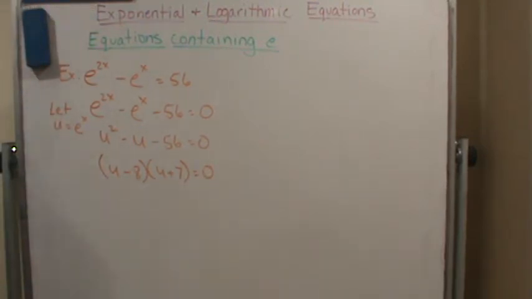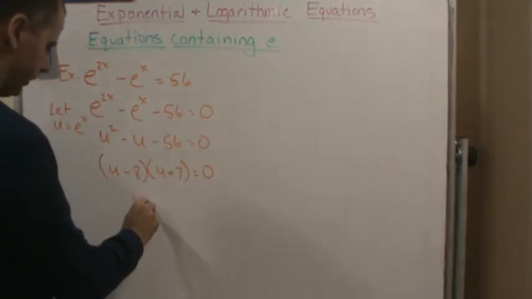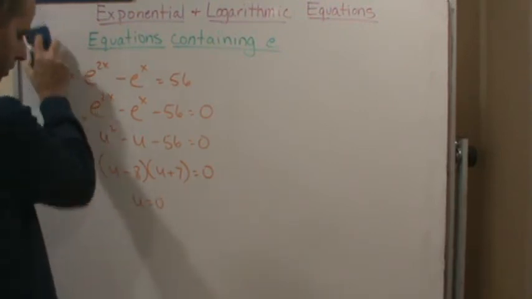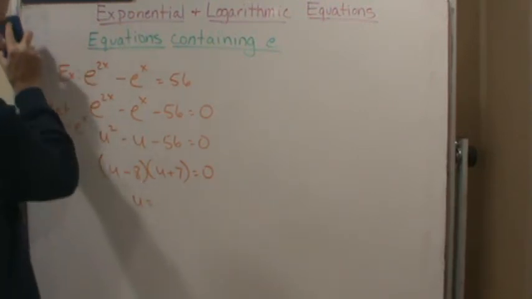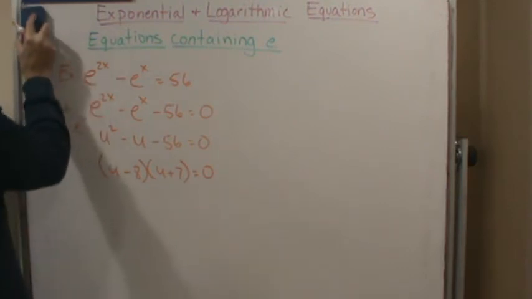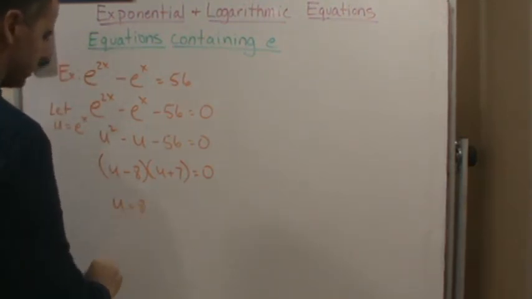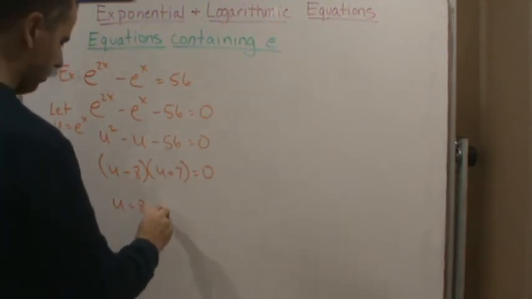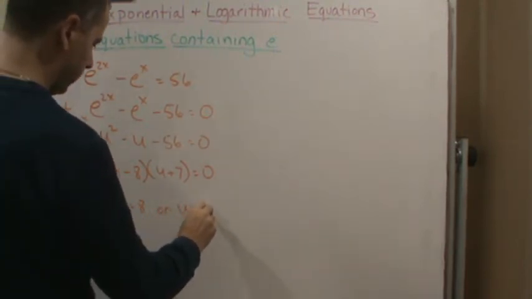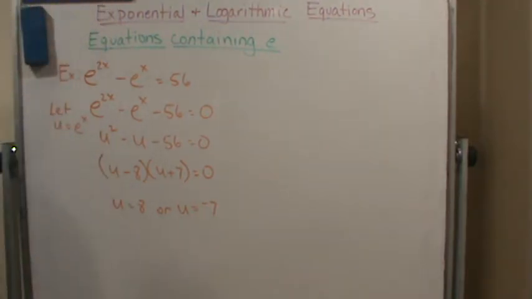And then, of course, what do you get? You get u equals 8, or u equals negative 7.